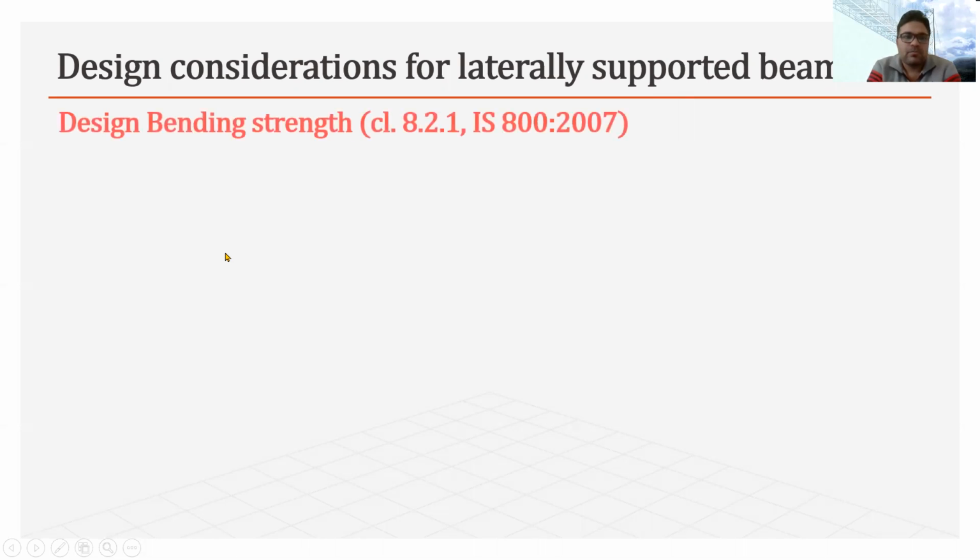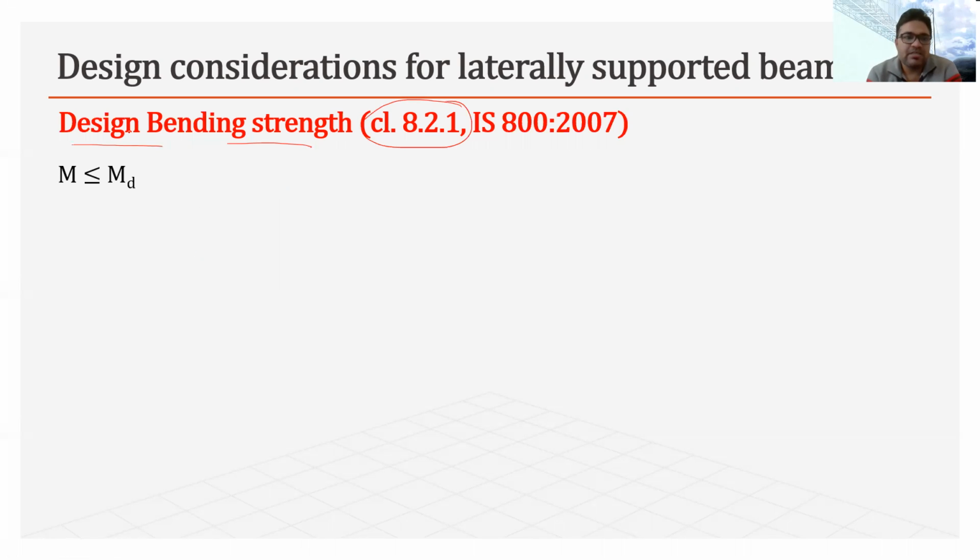So first consideration is the design bending strength. How do we find out the design bending strength of beam? As per this clause, we can find out the design bending strength of beam, which is based on some criteria.